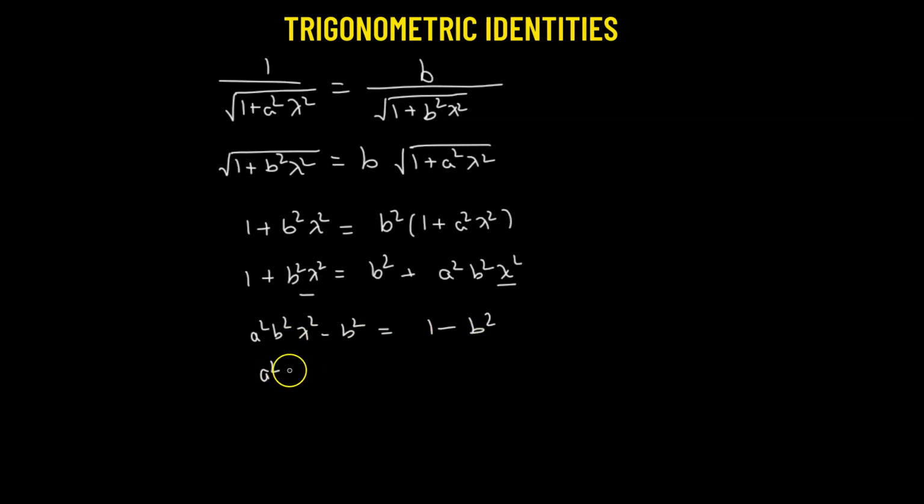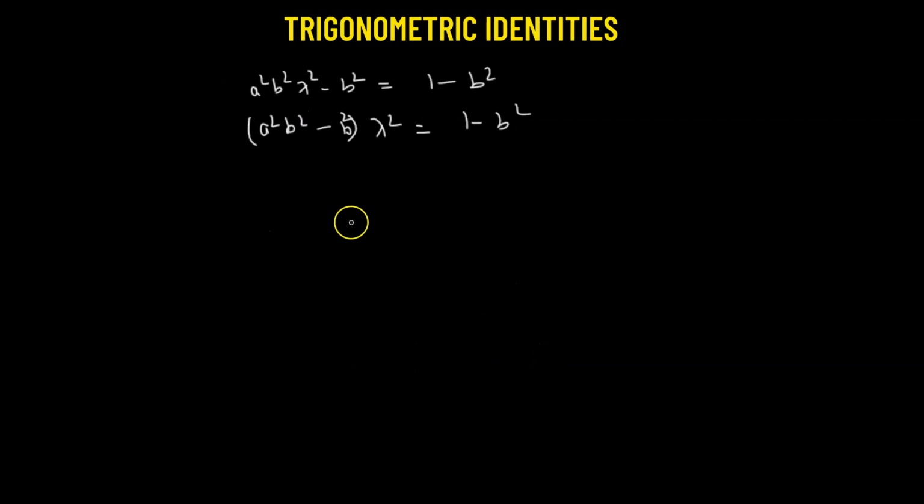So we can take a squared b squared minus b squared multiplied by lambda squared, which will be equal to 1 minus b squared. Further simplification gives us lambda squared equals 1 minus b squared divided by a squared b squared minus b squared.